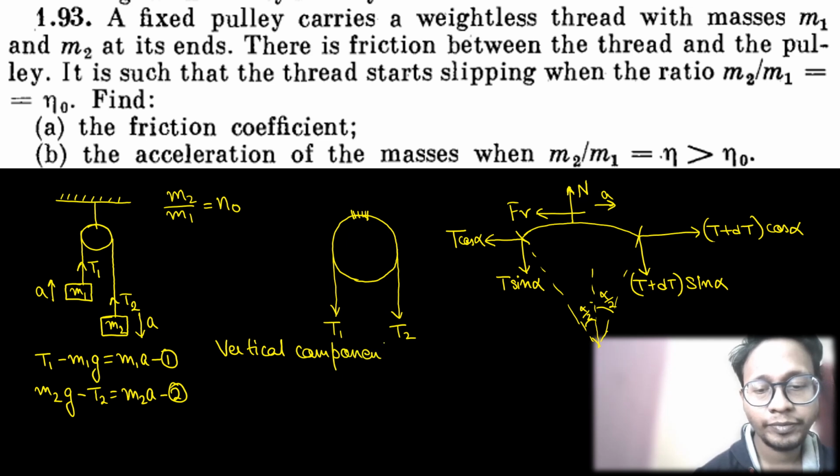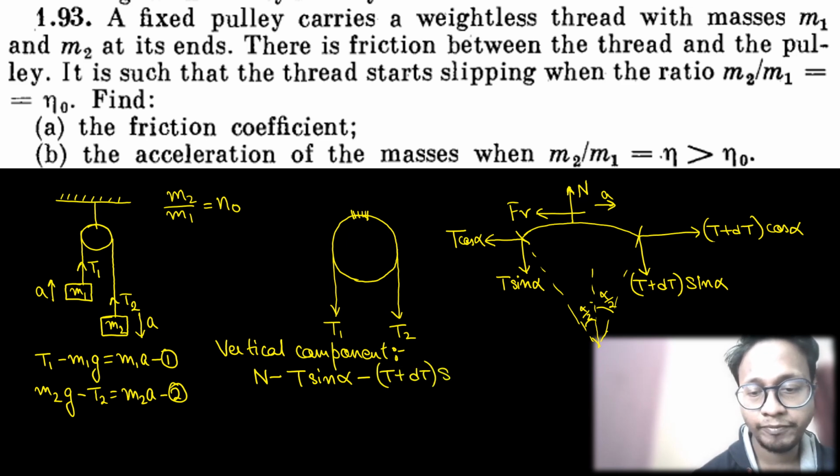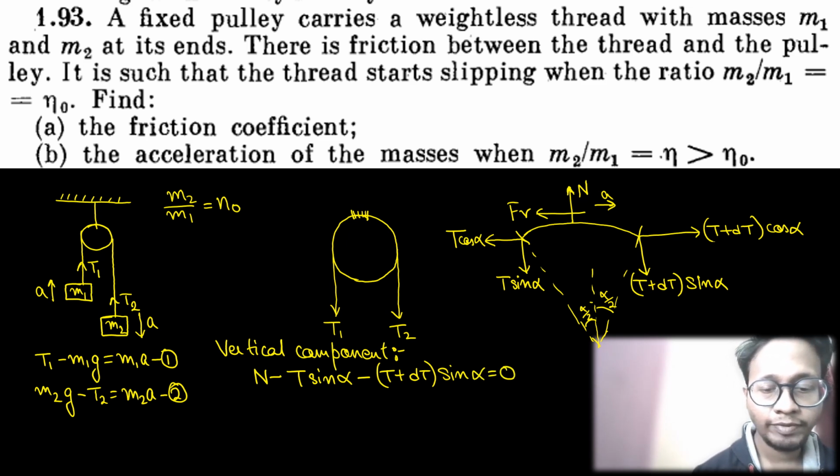Vertical component. Can I say N minus T sin alpha minus (T plus dT) sin alpha is equal to 0? Why? Because there is no acceleration in the vertical component. If I take T sin alpha plus this entire term to the right hand side, it will be N is equal to T sin alpha plus (T plus dT) sin alpha.